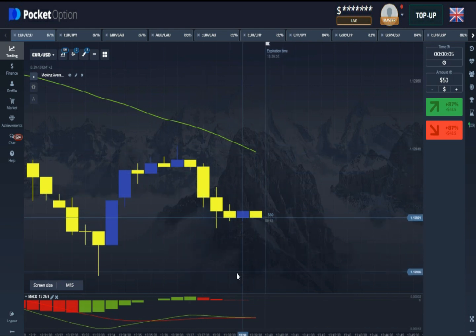So guys, you have to practice on the demo account first, and you have to read the candles. You should read the candles, because in seconds you should have command of the candles: how the candles are running, making, which color it's now making, and where the next one is making, because you have to catch your moment in just 5 seconds.